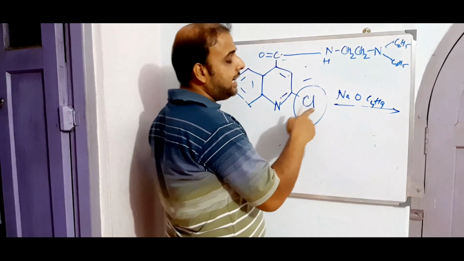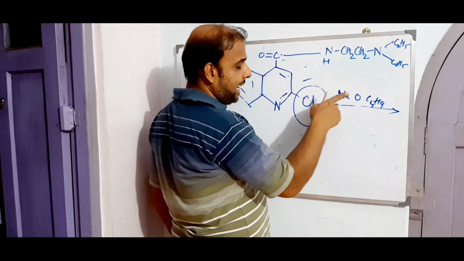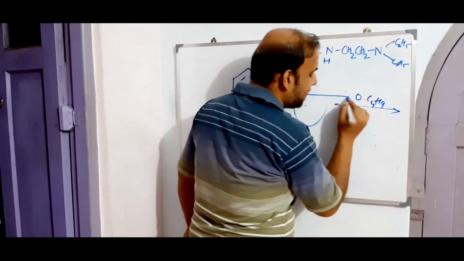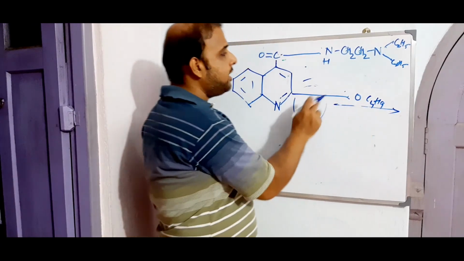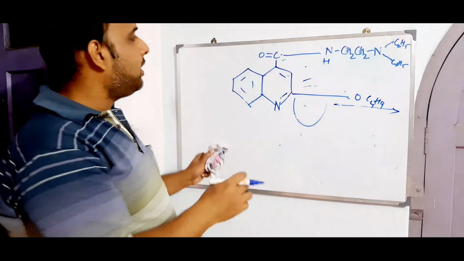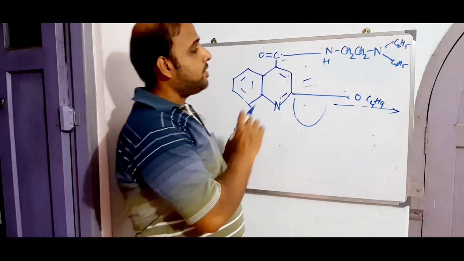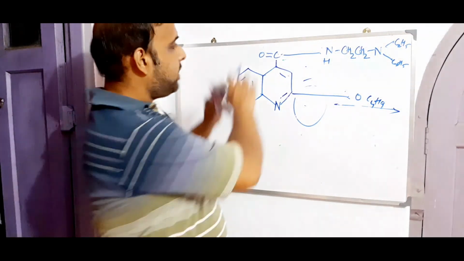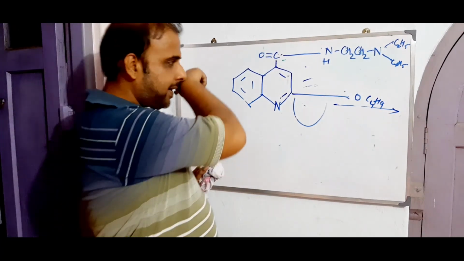Na will react with this chloro, so NaCl will go off, and the connection is made between this carbon and the butoxy. Thus we got the structure of the compound, that is Dibucaine, a local anesthetic. So this is how the reaction takes place.